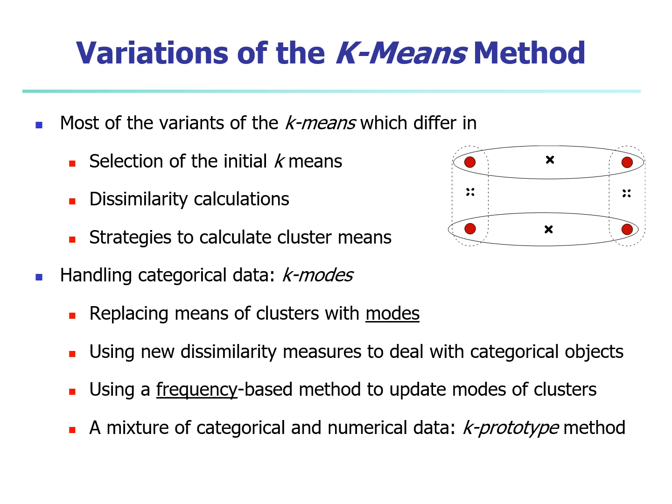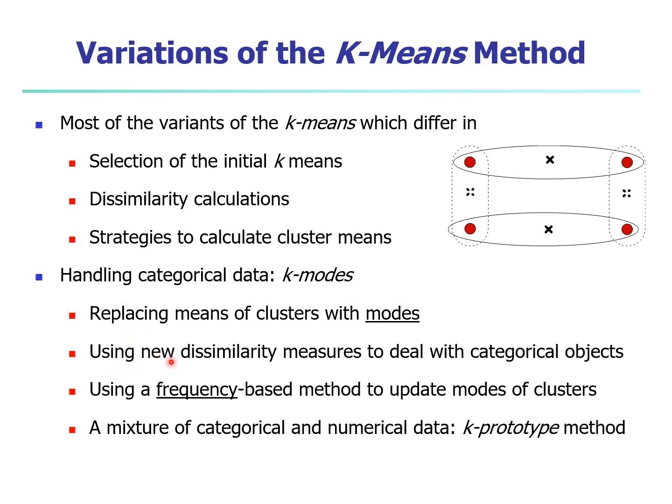Variations of the k-means method. Most of the variants differ in how k is selected at the beginning, what kind of similarity calculations are used, and what strategies are used to calculate the cluster means. As I just said, when we're handling categorical data, we use k-mode, so instead of using the mean, we'll be using the mode.